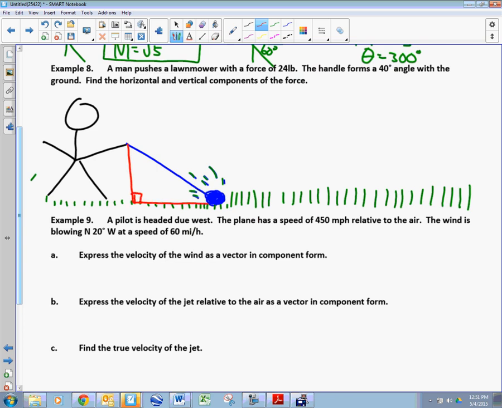Okay, 90 degrees, and so this is the vertical component, B, and this is the horizontal component, A. We know the angle formed between the ground and the handle is 40 degrees.